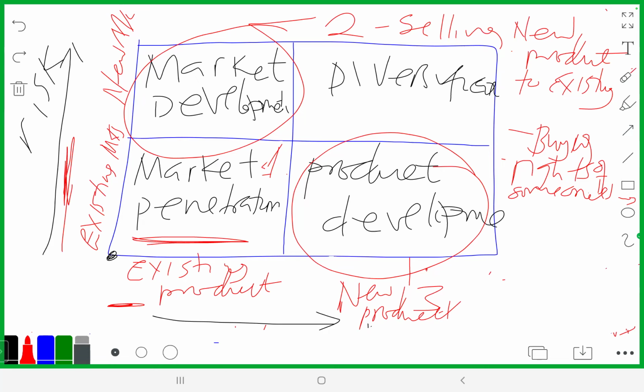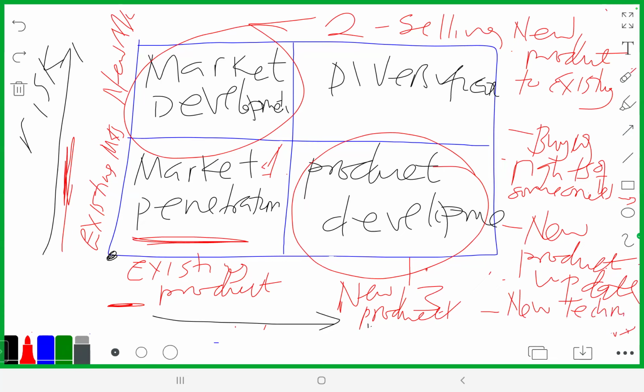Number 2, you can bring out new product updates. That's what can help you. You can introduce new technologies here, and that can actually help you. And finally, you can introduce innovations.